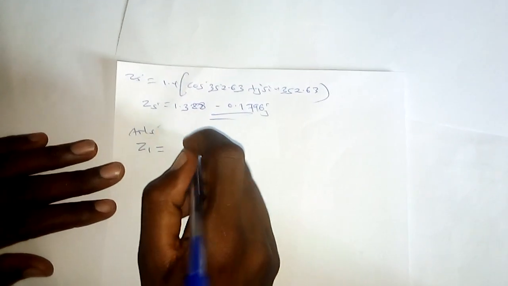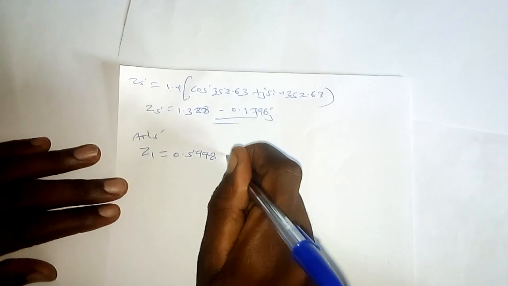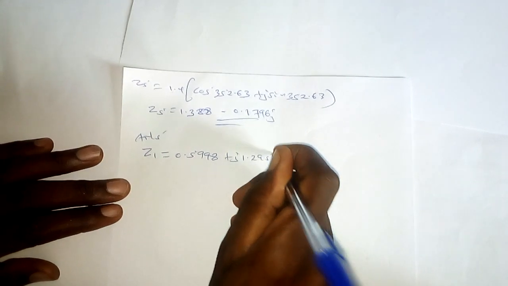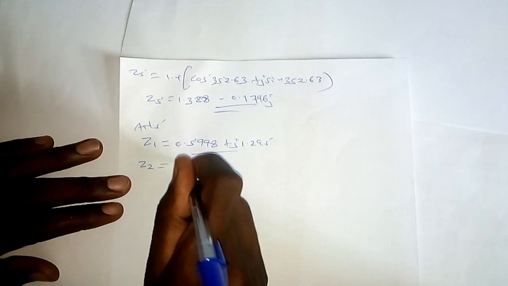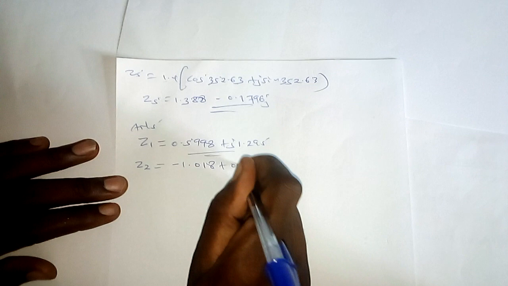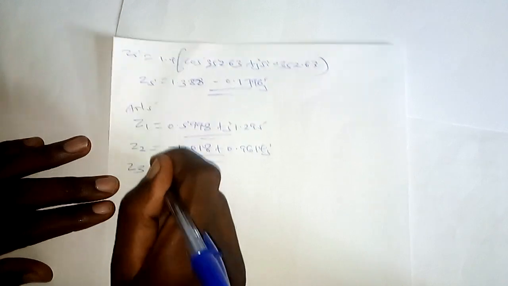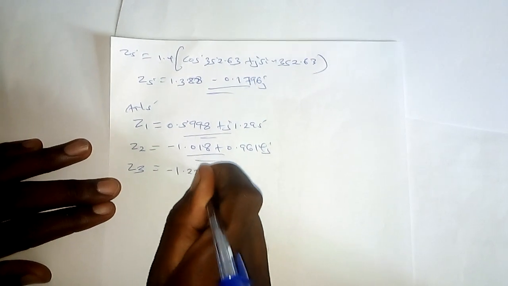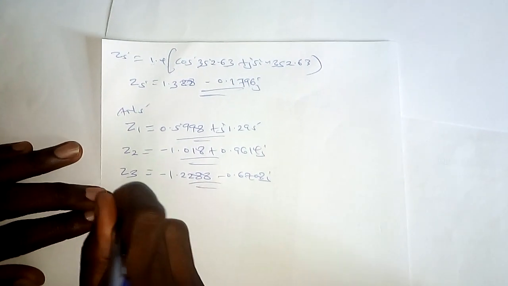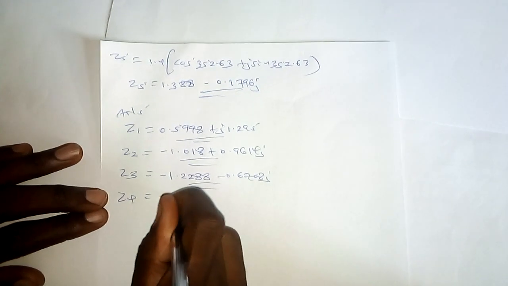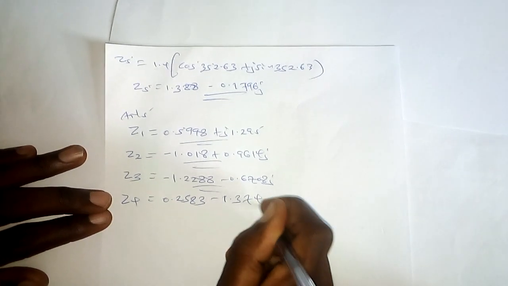So the answers: z1 is equal to 0.5998 plus j1.295. z2 is negative 1.018 plus 0.9614j. z3 was negative 1.2288 minus 0.6708j, and z4 was 0.2583 minus 1.374j.